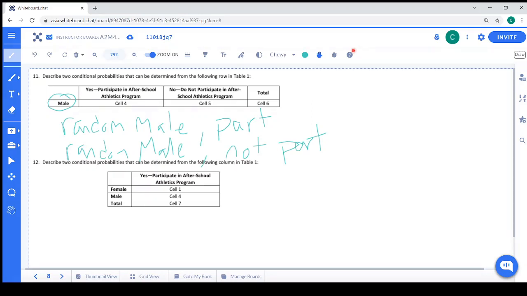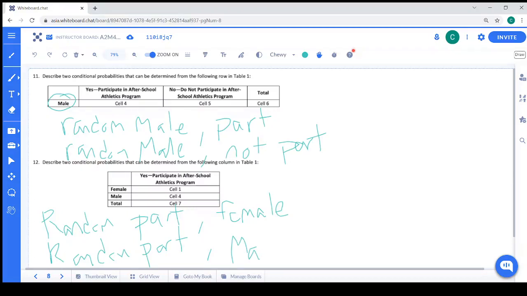Now on 12, describe 2 conditional probabilities that can be determined from the following column. Well, this would have to be a random participant that is female and a random participant that is male.